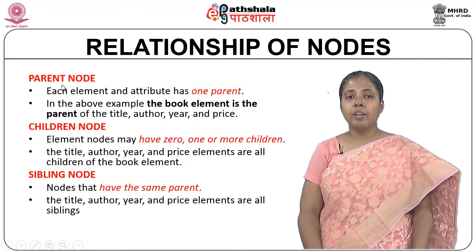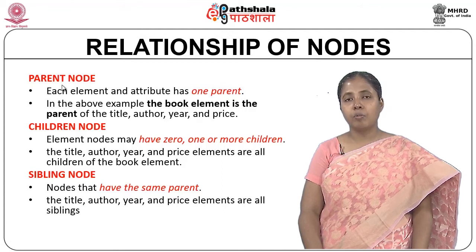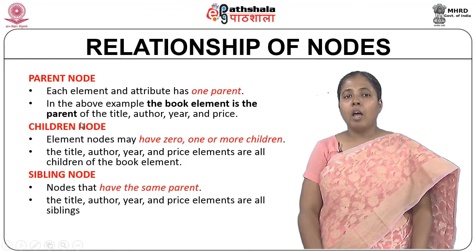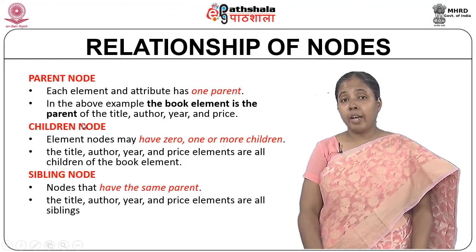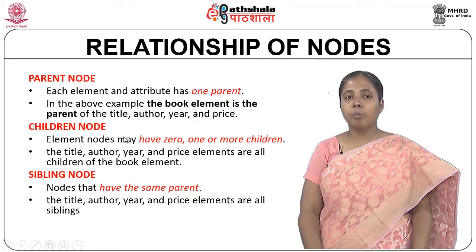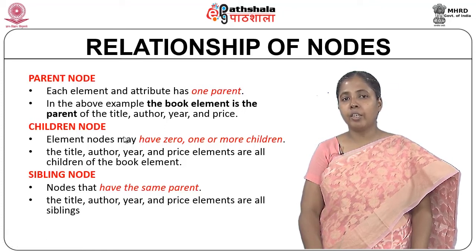Now, how the structural relationship is maintained between the nodes is given here. Any element or attribute node has a parent node, and each element and attribute has only one direct parent. In the above example, the book element is the parent of the title, author, year and price.